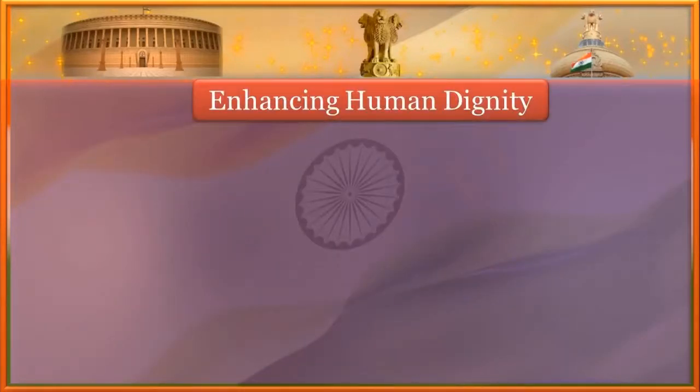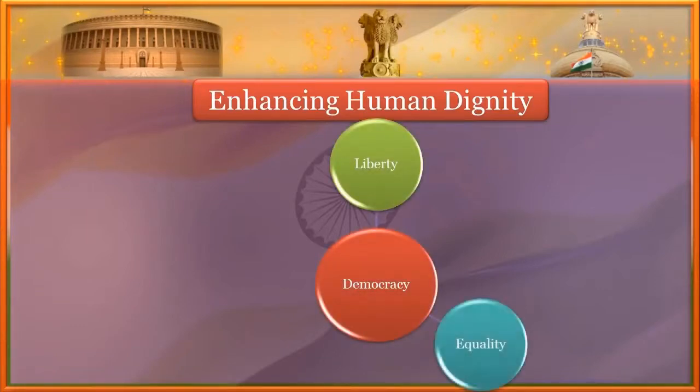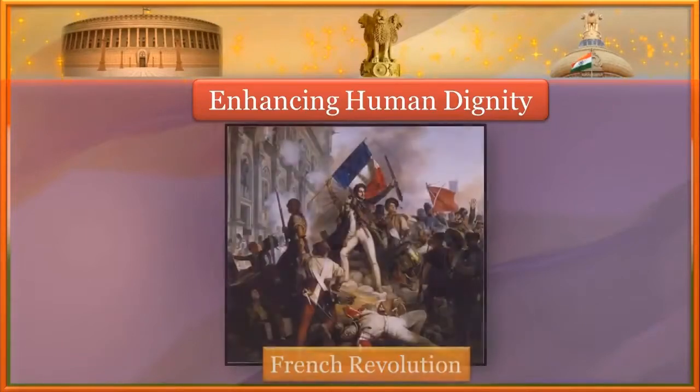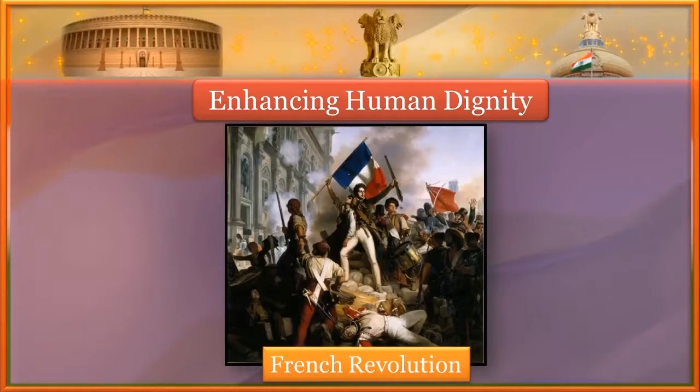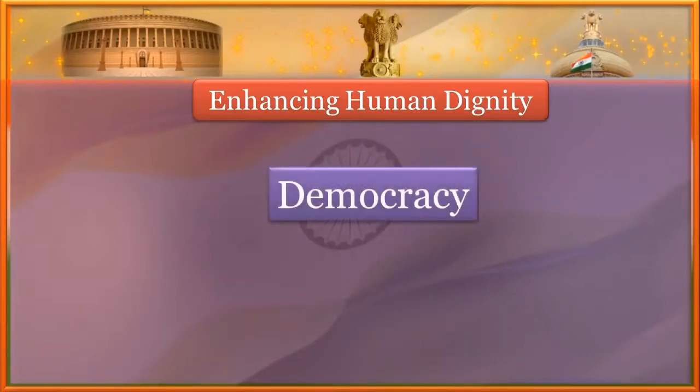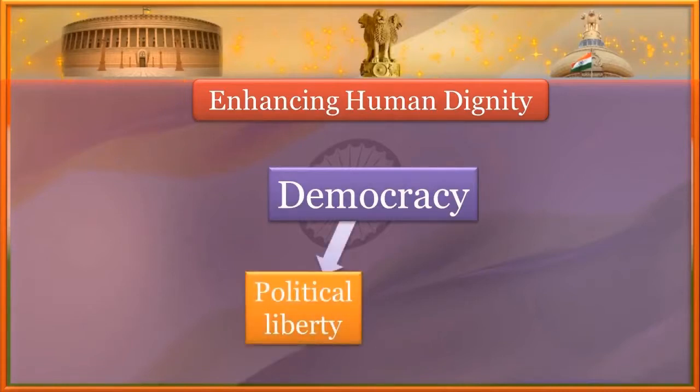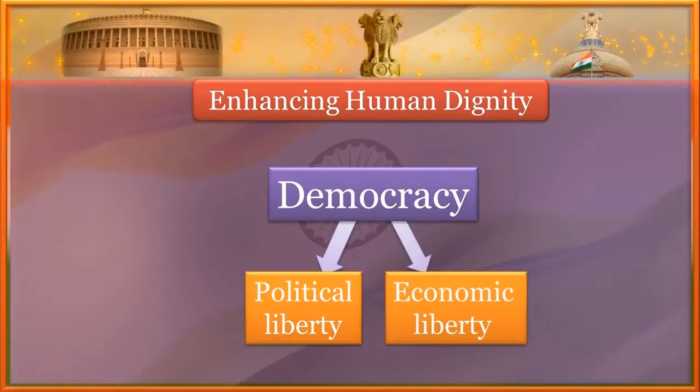Enhancing human dignity. It is only in a democracy that liberty, equality, and fraternity, for which the French revolutionaries laid down their lives, can be ensured. In a democracy, not only political liberty is ensured, but all efforts are made to ensure economic liberty as well, so that nobody remains poor and feels the pangs of hunger.